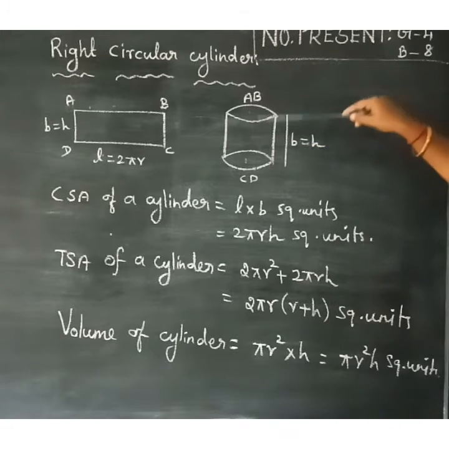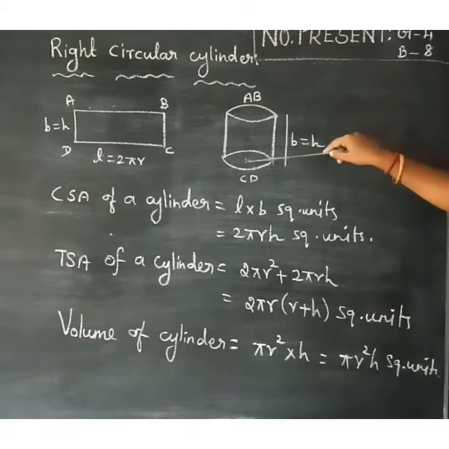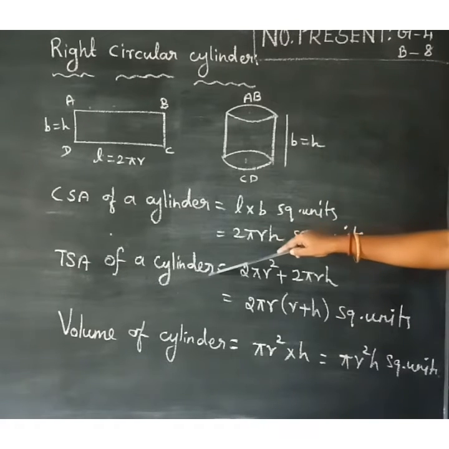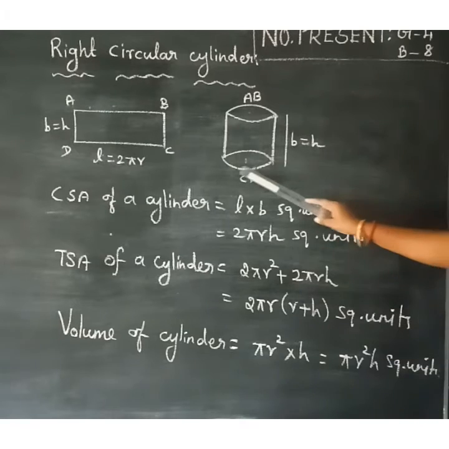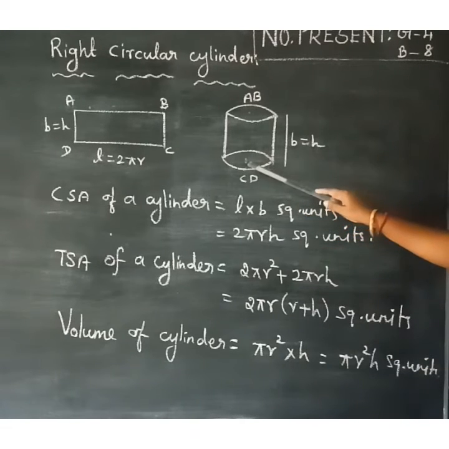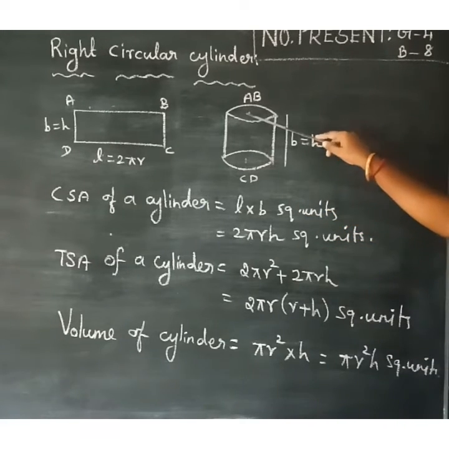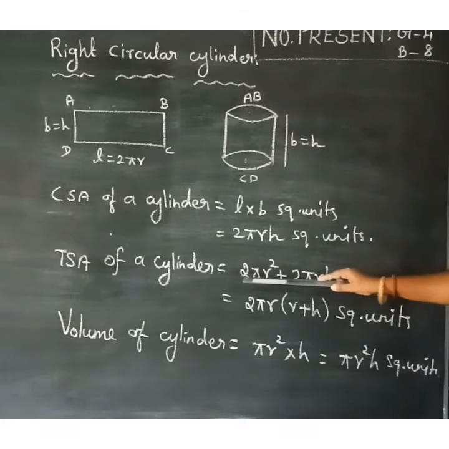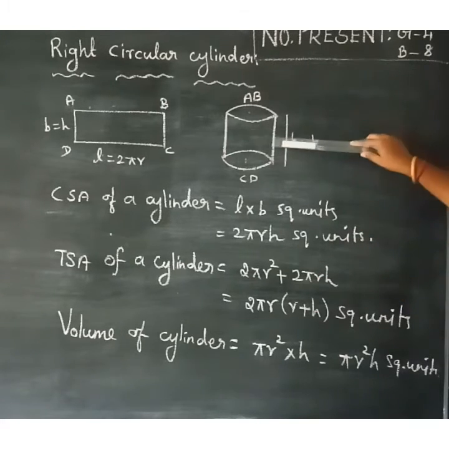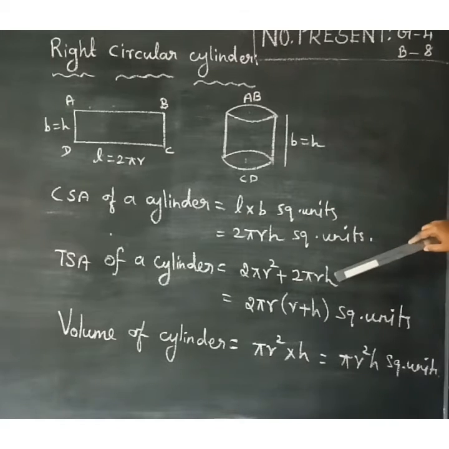It does not include top and bottom, but total surface area includes top and bottom value. So the area of a base is equal to pi r square, and in this place also area of the top is equal to pi r square. There are 2 pi r square. So 2 pi r square plus this portion, that is curved surface area.